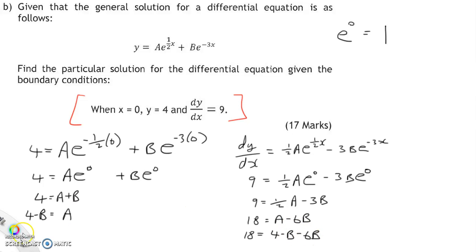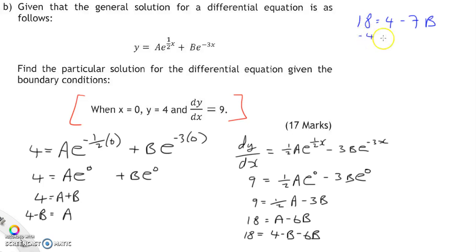So I'll just switch colors, and I'm going back up here near the top. I'll just make a bit of space here. So minus b minus 6b is minus 7b, so I'll have 18 equals 4 minus 7b. And now I can subtract 4 from both sides.